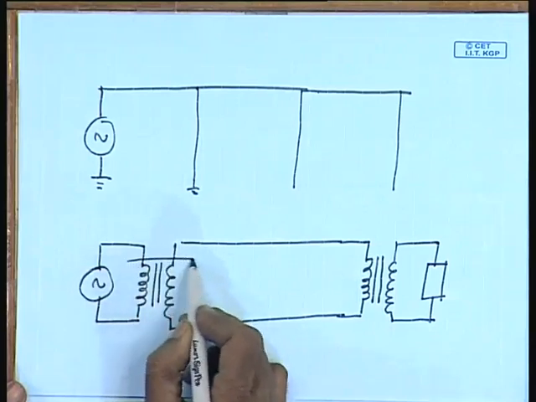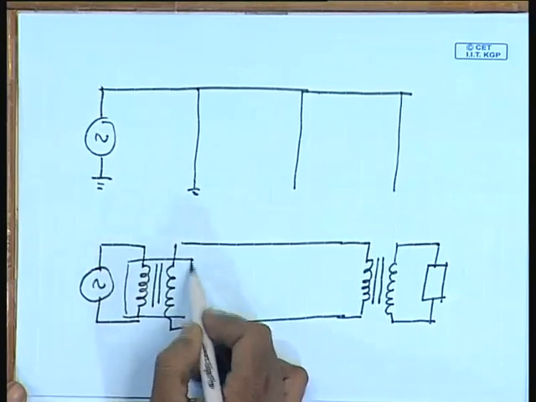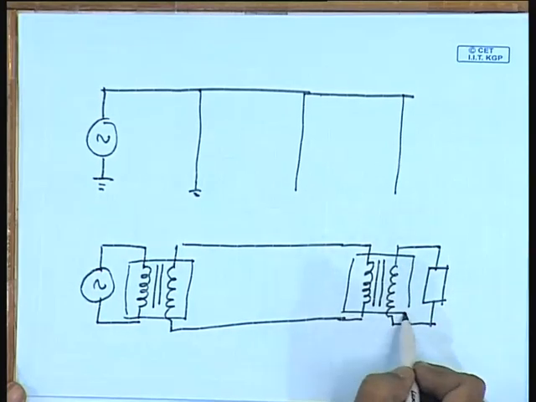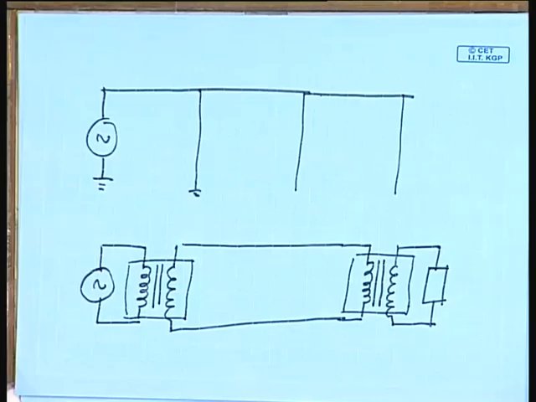Of course, you can understand that there will be some power loss associated with the transformers themselves, and since the purpose of the transformer is to raise the transmission voltage level in order to reduce loss, the transformers themselves should be very efficient, otherwise the purpose will be defeated.